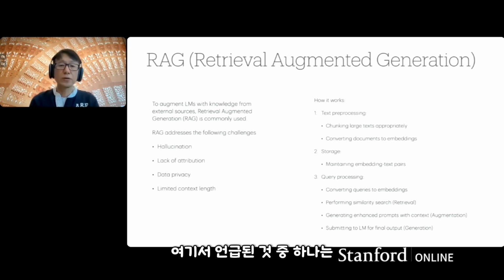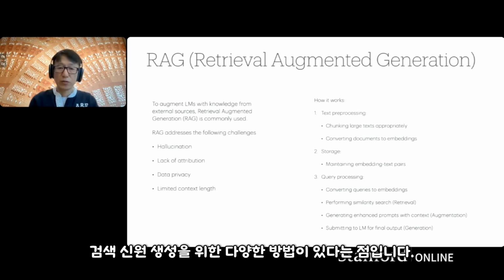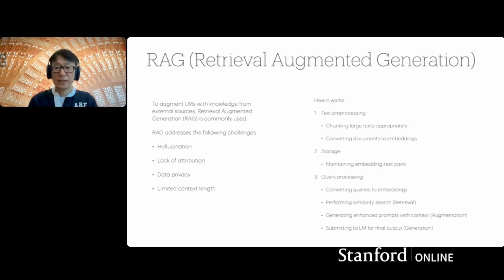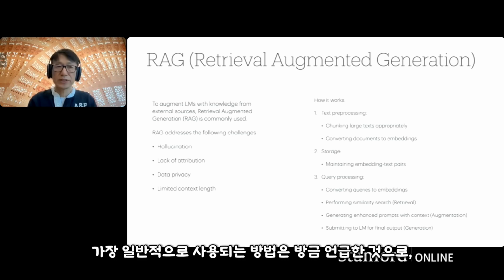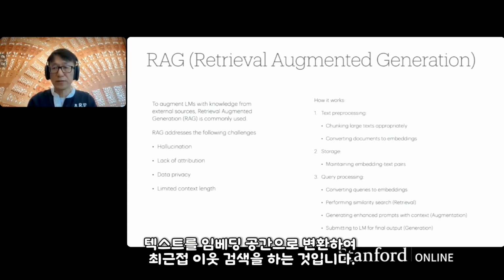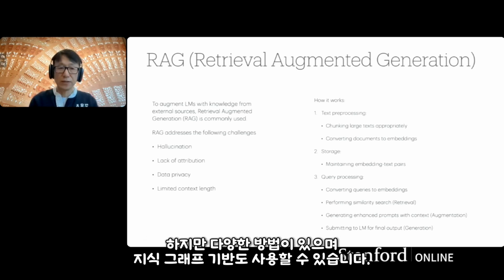One of the things also mentioned here is that there are many methods or ideas for retrieval augmented generation. The more commonly used method is the one we've just talked about, meaning turning the text chunks into embedding space and then doing a nearest neighbor search. However, there are many methods, and you could also use a knowledge graph based approach.